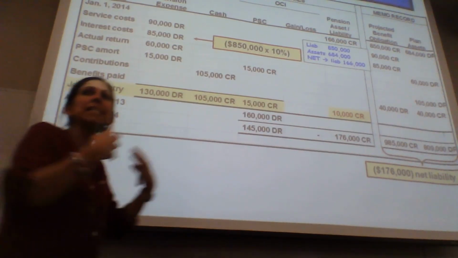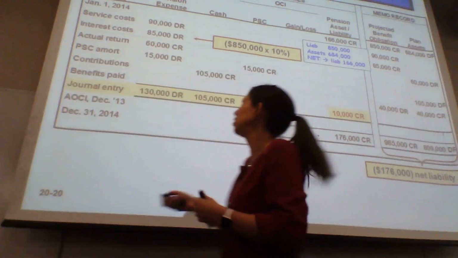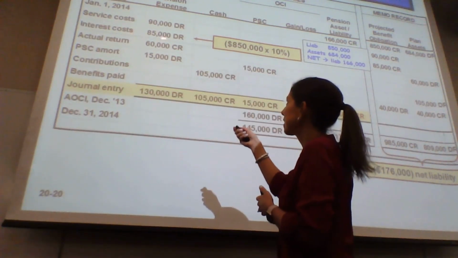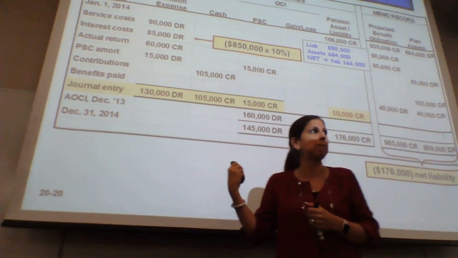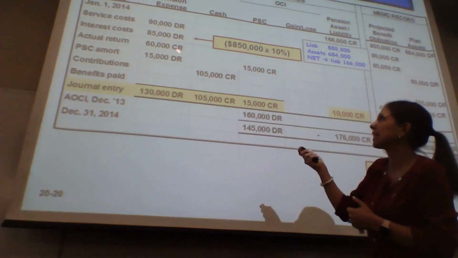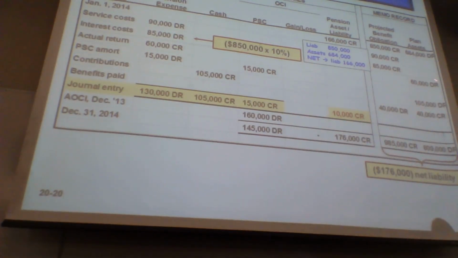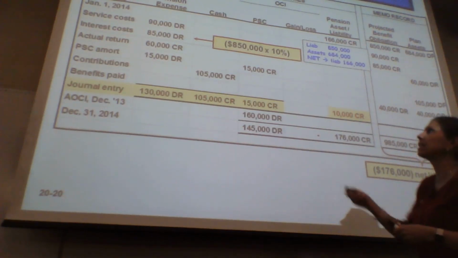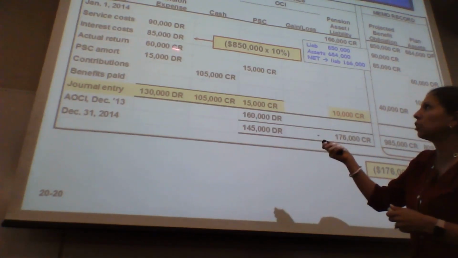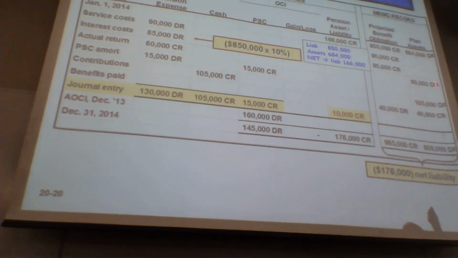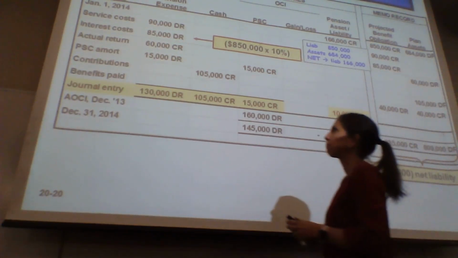We have a positive return that reduces our pension expense, which is a credit of $60,000, and the actual return is going to increase the carrying value or the balance in our plan assets. So for that third component of pension expense, the actual return reduces pension expense and increases plan assets.